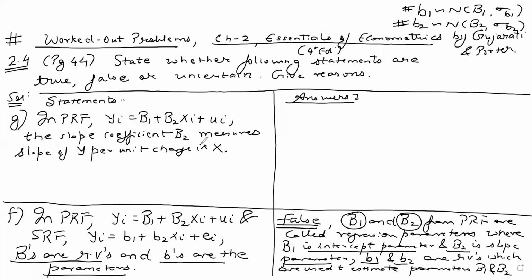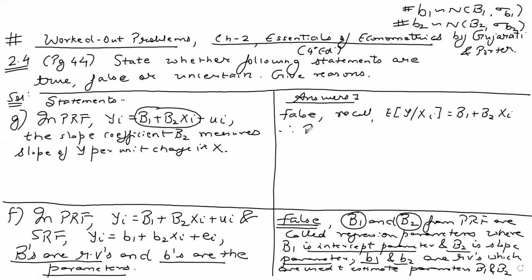Now you can clearly see that this is also a false statement. Why? Because recall that expected value of y given xi is equal to b1 plus b2 xi. Therefore, b2 is the derivative of expected value of y given xi with respect to xi.